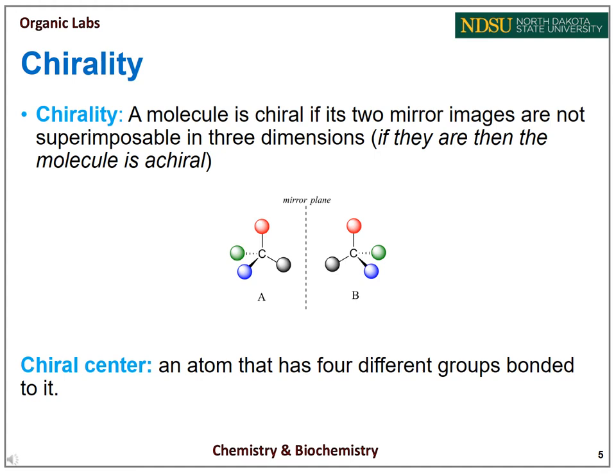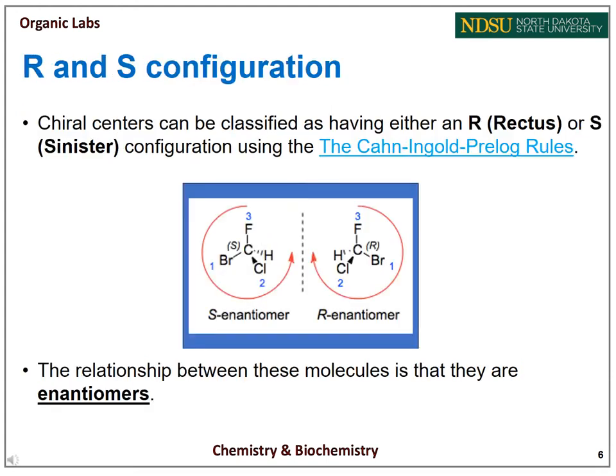This leads us to discussing chiral centers. A chiral center is an atom that has 4 different groups bonded to it. Chiral centers can be classified as having either an R for rectus or an S for sinister configuration using the Cahn-Ingold-Prelog rules.